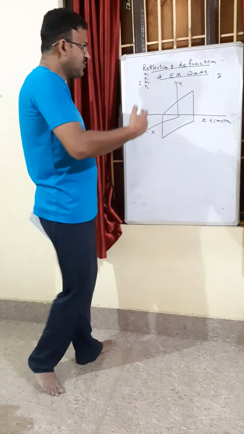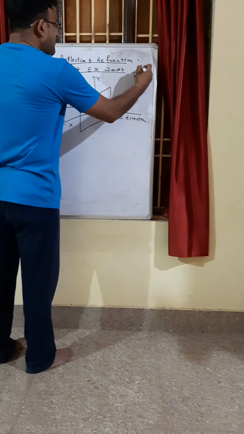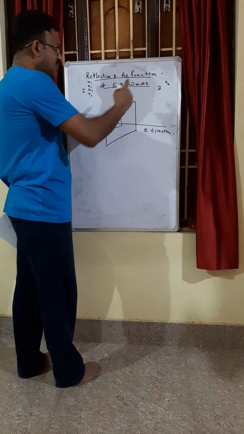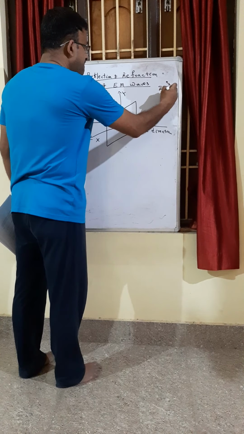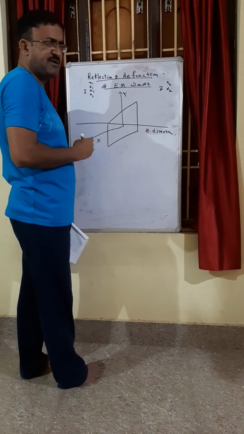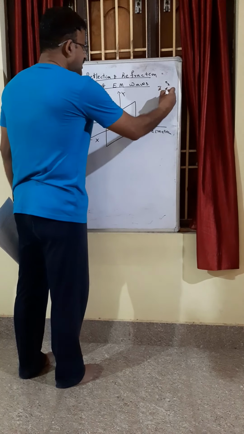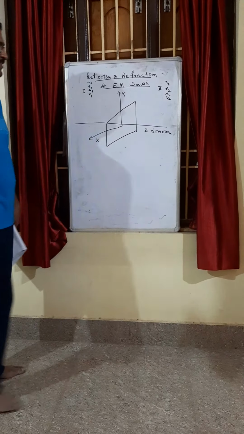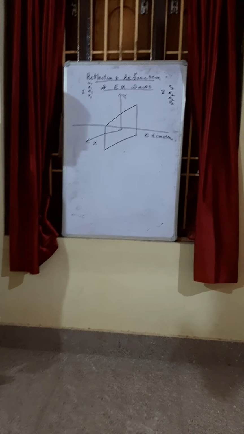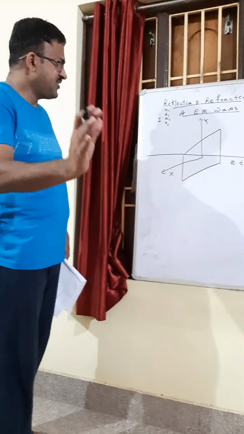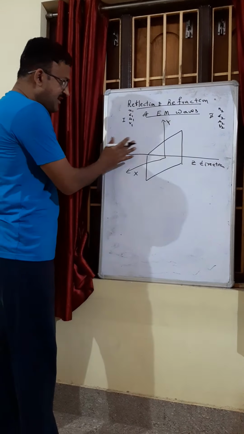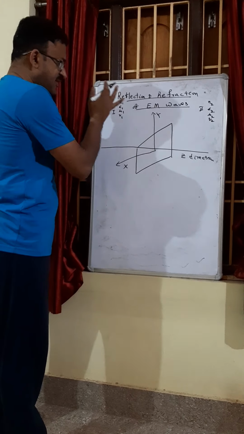Similarly, when you go to medium 2, these characteristics will change: n2 is the refractive index for this medium, then the electric permittivity of medium 2, the magnetic permeability, then the speed of the electromagnetic wave. Now, consider an electromagnetic wave propagating along the z direction, incident on this medium.